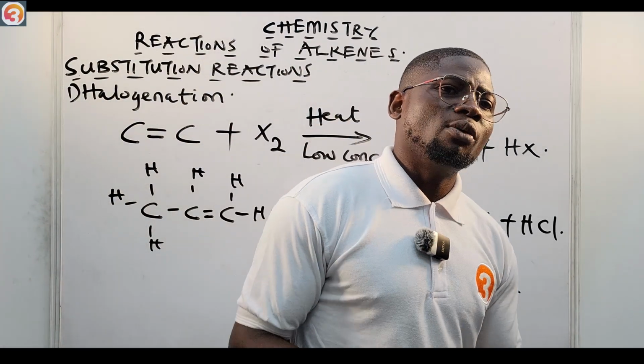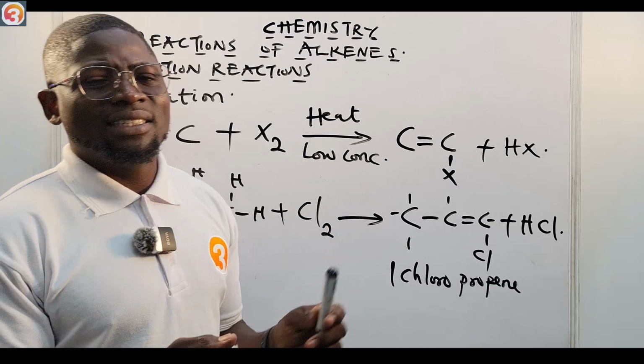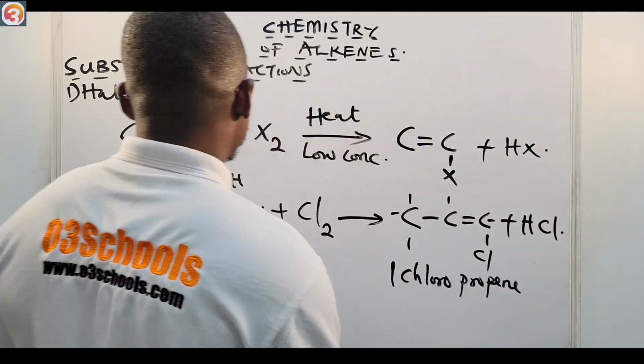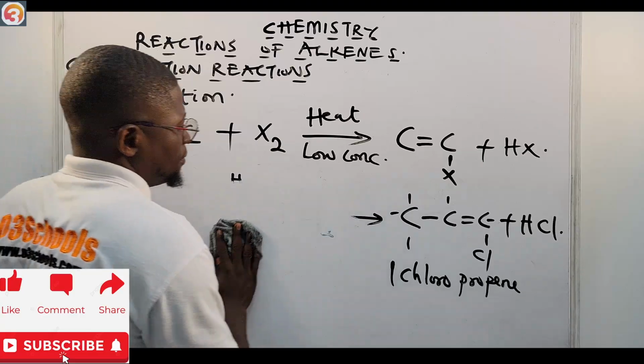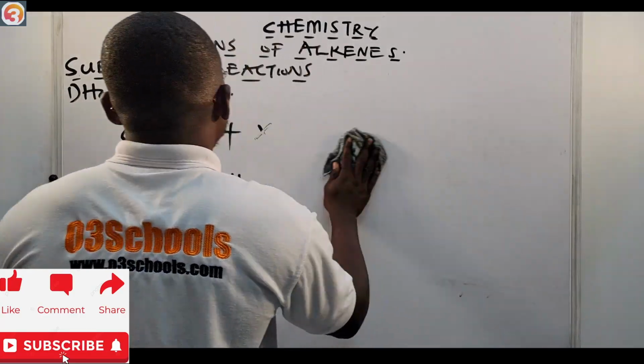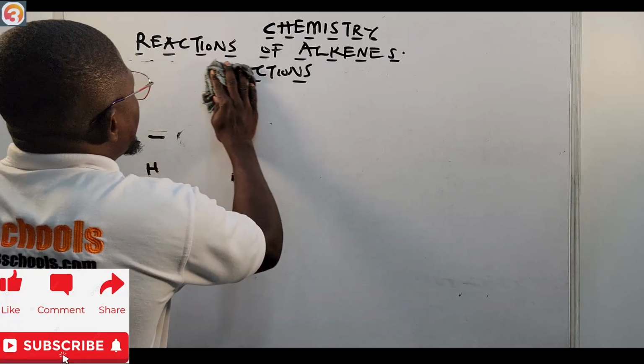Now I want to look at the last type of reaction that alkenes undergo before we round up with this class, and that's what we call cleavage reactions, the one we call ozonolysis.